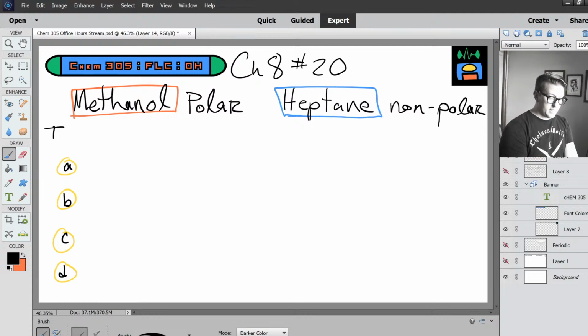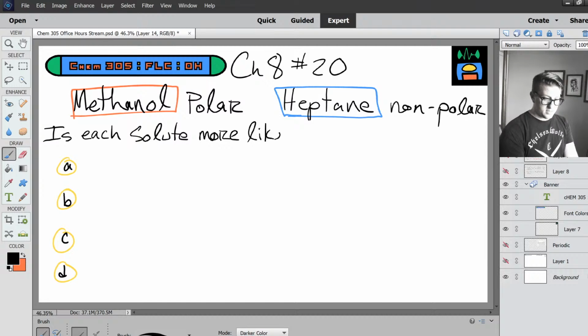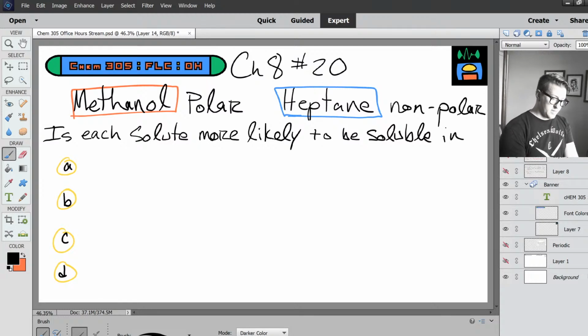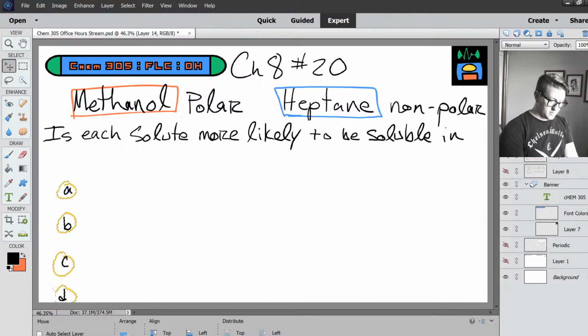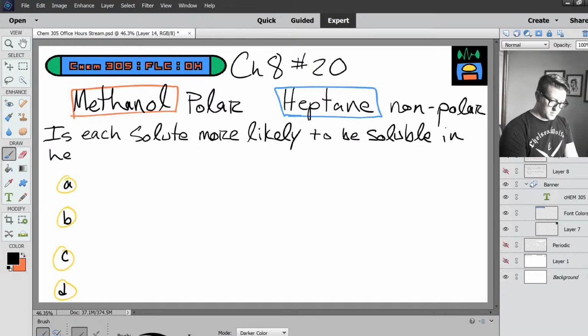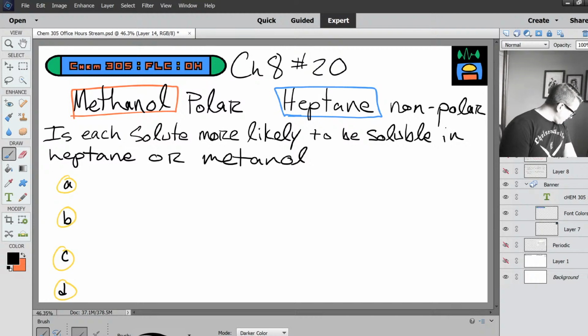The question is, is each solute more likely to be soluble in heptane or methanol? All right, and then they give us the list of solutes.